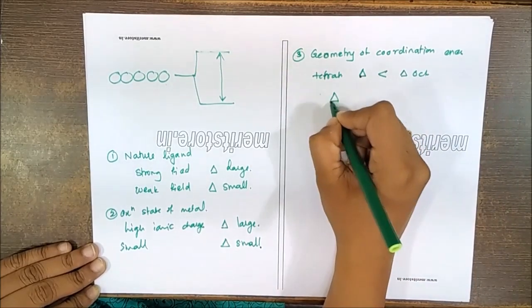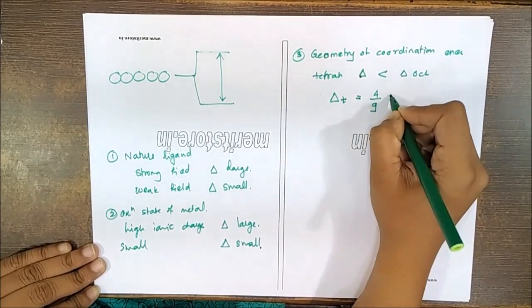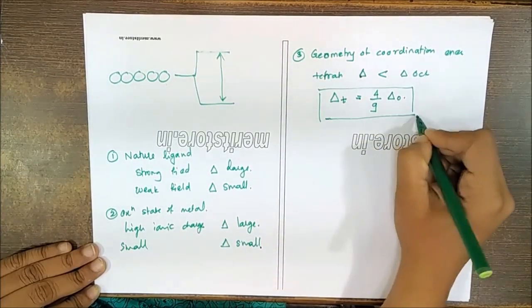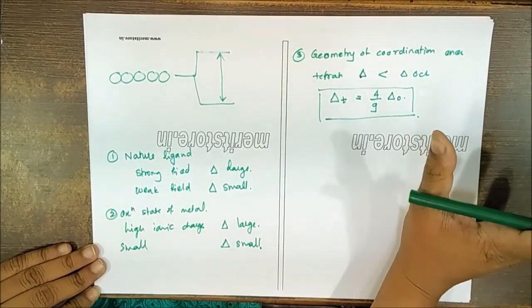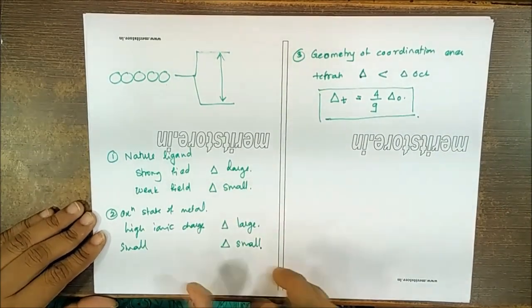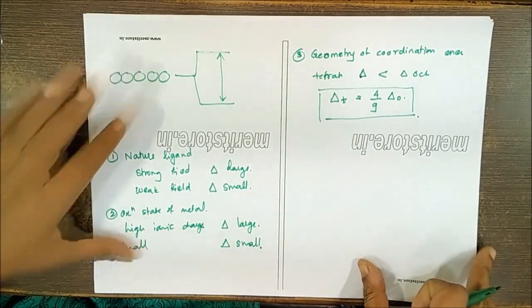We can calculate that the splitting of tetrahedral is 4/9 of the splitting of the octahedral complexes. It is generally about half of the values of the octahedral entities. So overall, these are the factors which affect the splitting patterns of coordination complexes.